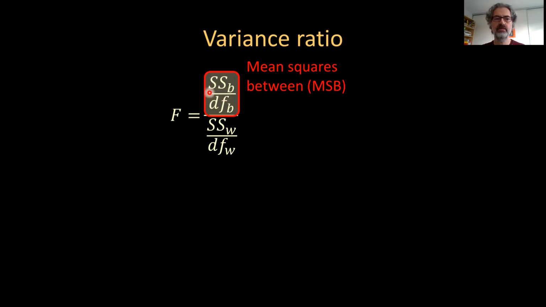So this is the measure of variability that is accounted for by the grouping. You can imagine here the lines joining the group means to the grand mean, but one line for each data point, divided not by how many data points we have, but by how many degrees of freedom there are. So one less than the number of groups. So this is how much variability is accounted for by the grouping.